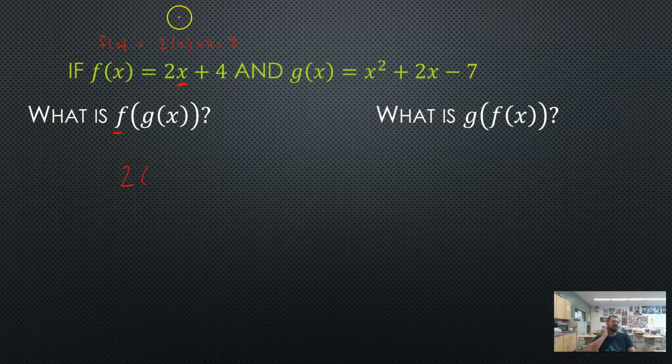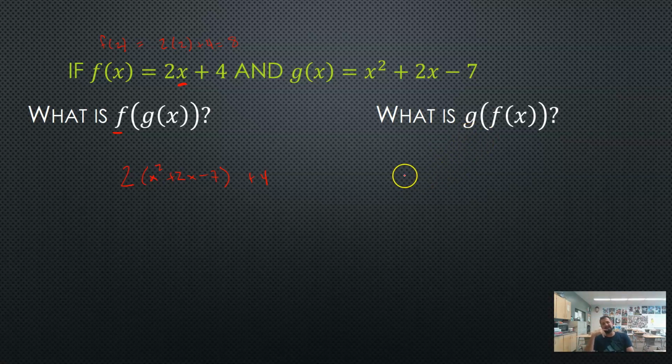Much like we did with f of 2 where we just replaced the x with 2, now I'm going to replace the x with x squared plus 2x minus 7. And then I've got plus 4, and that, again, is what is known as a composite function, because I've taken one function and put it inside of another function.